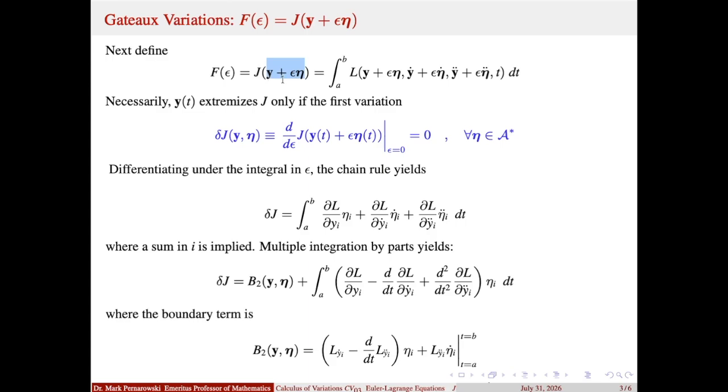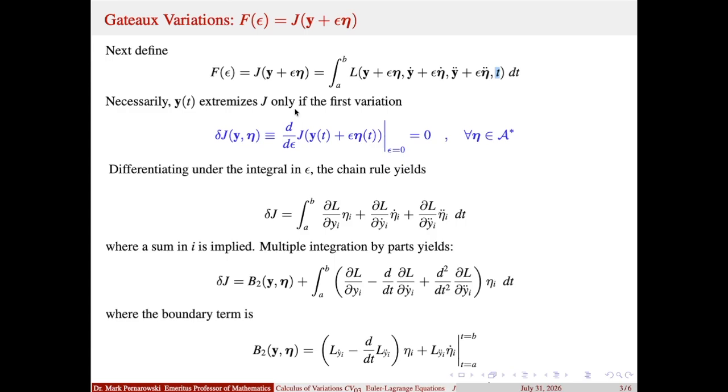We fix y, and we're fixing eta, and that gives us a function of epsilon, which is a real number. So in each of the arguments of the Lagrangian, I substitute that sum. So the first argument will be the y's. The second argument will be derivatives of the y's in t. The third argument will be the second derivatives of y in t. And then there might be a t that sits along with it.